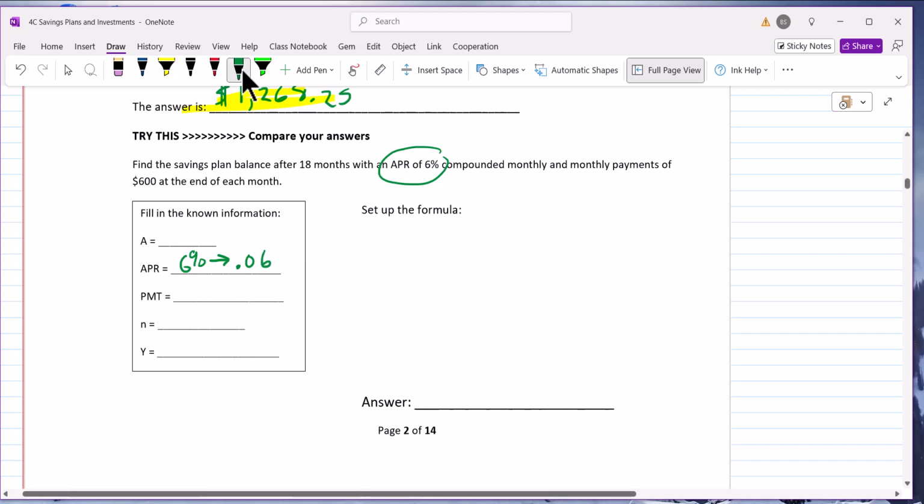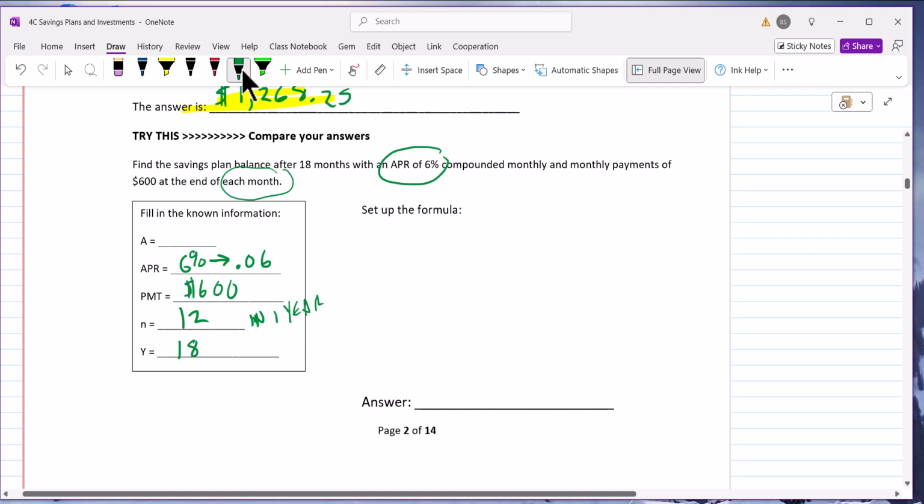What is your payment? It says the payment is $600, okay? Now, what you're doing is you're making a payment every month. So N is the number of payments you make in a year, okay? So that means you make 12 payments in 1 year, okay?